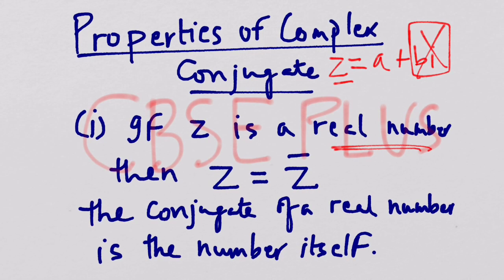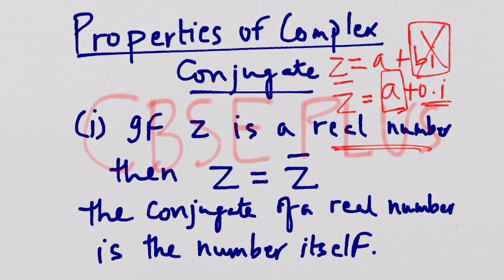How can it be cancelled out? It can be cancelled out only when the value of b is 0. So we will get only a, the real part. So here, if z is a real number, then z is equal to the conjugate of z.